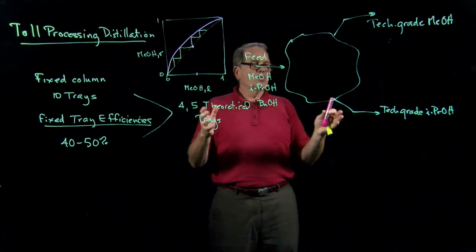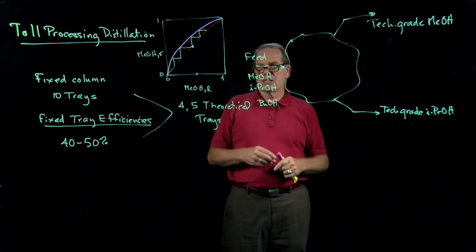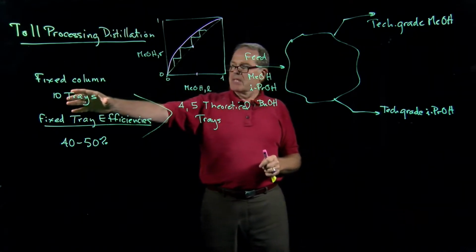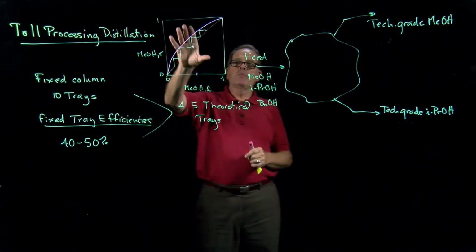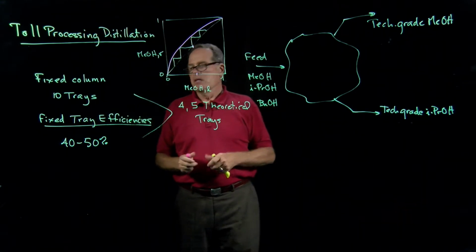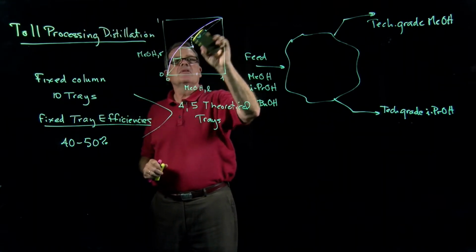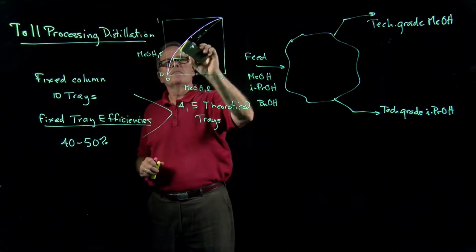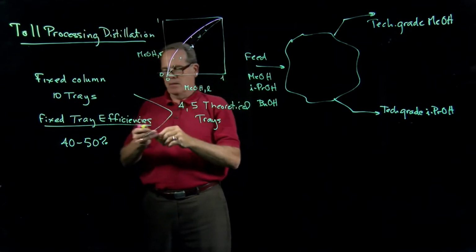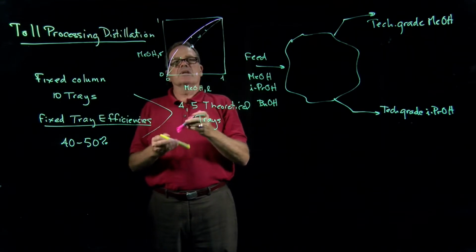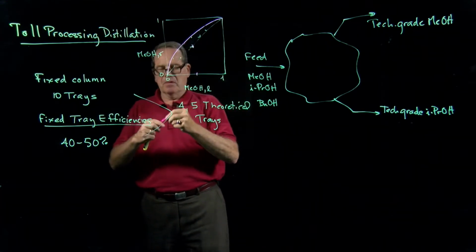Well, how should we then set up the distillation scheme to make the technical grade product using 10 trays but with an efficiency of 40 to 50%? So let's go back to our XY diagram. If we consider a slightly different feeding system, let me erase that. And let's suppose, let me reconstruct my vapor diagram.